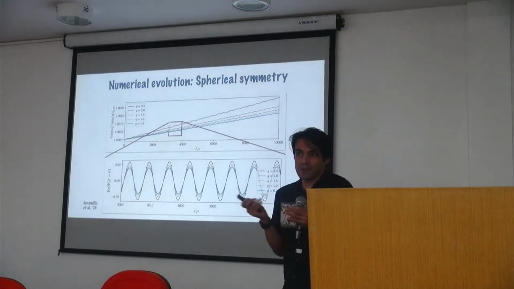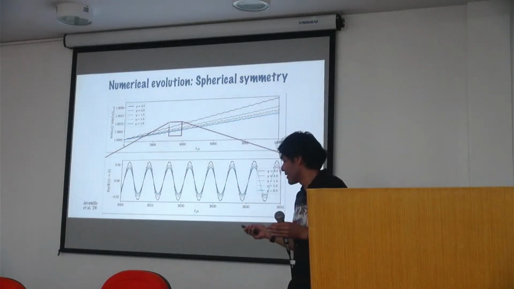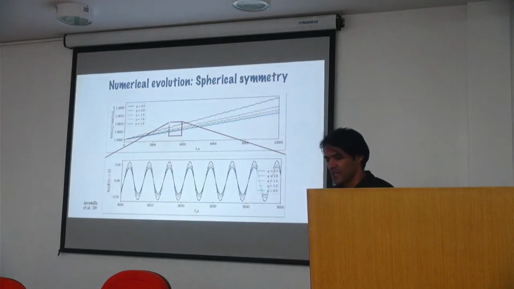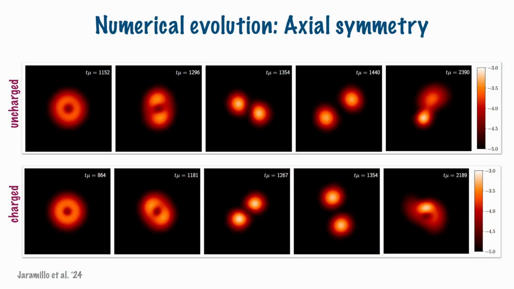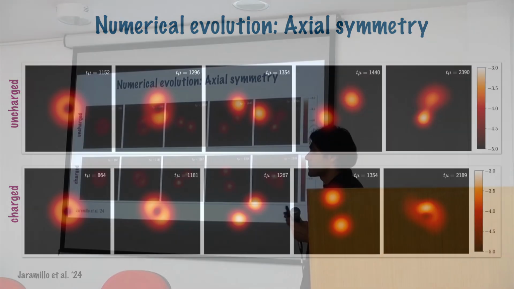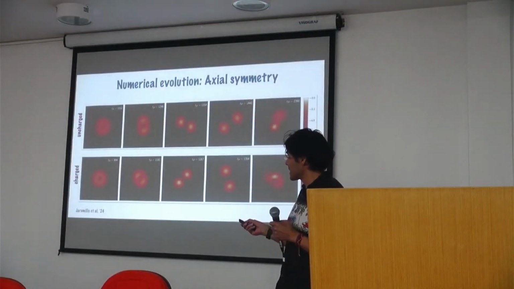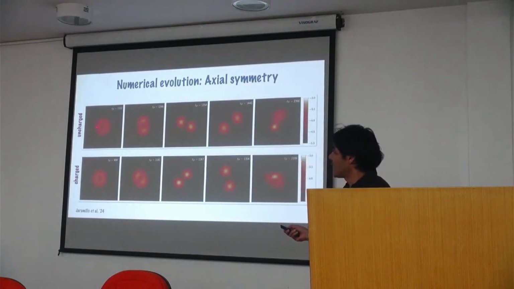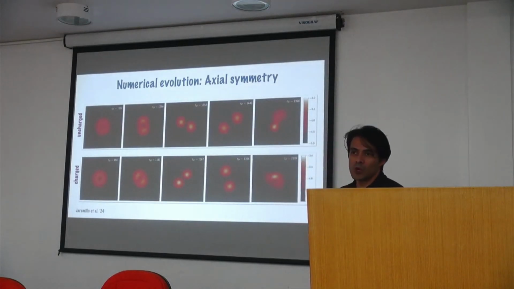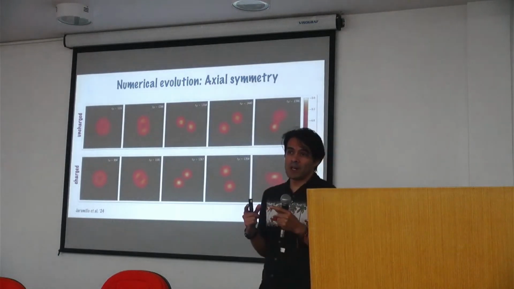Nothing unexpected. We already know that these stars are pretty stable. Now, what happened when we evolve the axisymmetric stars? And this is already when we don't have charge, we already know the behavior. These stars are unstable to the m equals 1 mode, essentially what we call a bar mode instability.